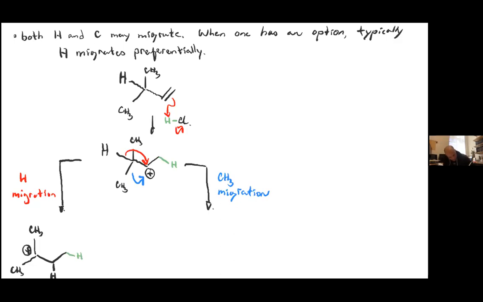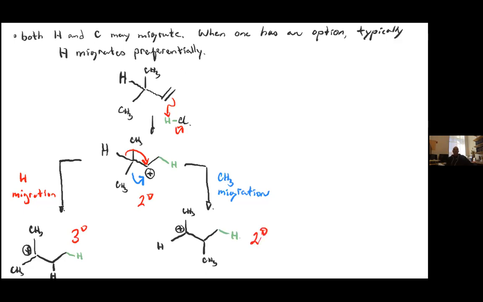If we migrate a methyl group, you end up with this. So we start with the secondary cation, and H migration gets me to a tertiary cation. Methyl migration gets me to a secondary cation.